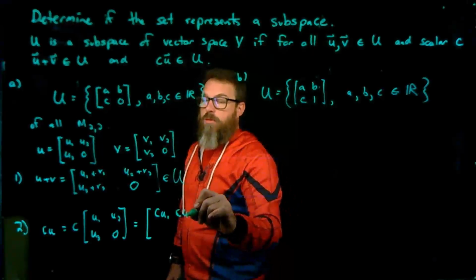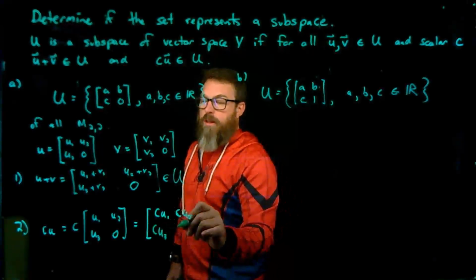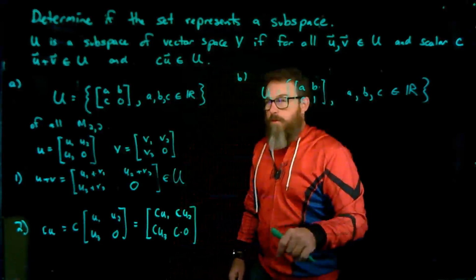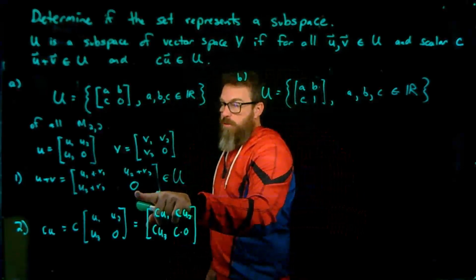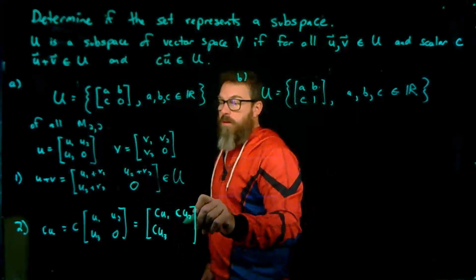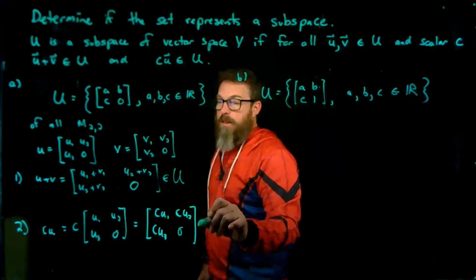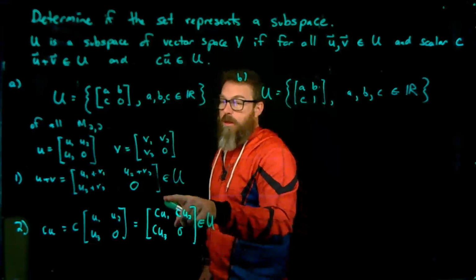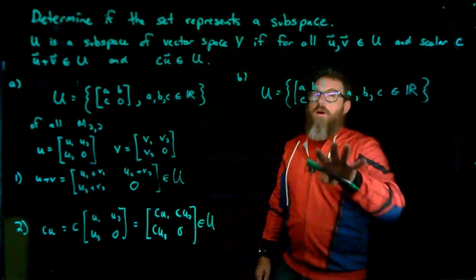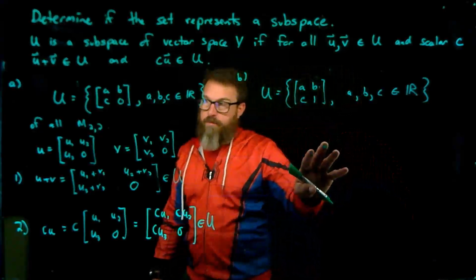So cu1, cu2, cu3, and this would be c times 0. Now, very similarly to what we had before, where 0 plus 0 is equal to 0, c times 0 is equal to 0. And what I can say is that this is an element of U, because again, real number, real number, real number, and 0 here.